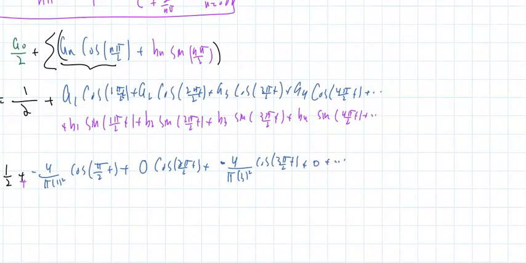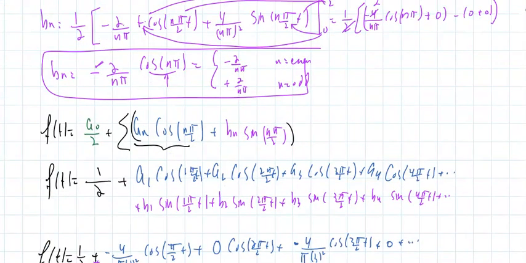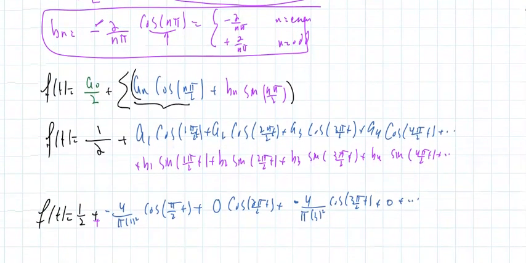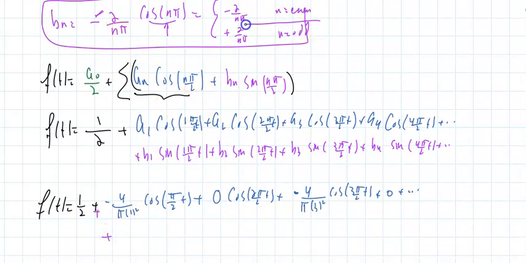Well, let me list a few of these terms. Based on what I see up there for b sub n, let's see if it will fit. That will be perfect. Here we go. So that will be plus what? Plus, if n is odd, so when you say b sub 1, that's odd.